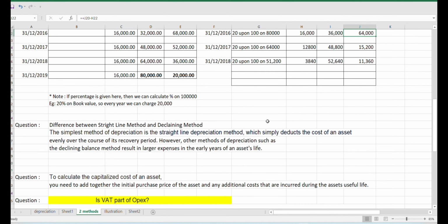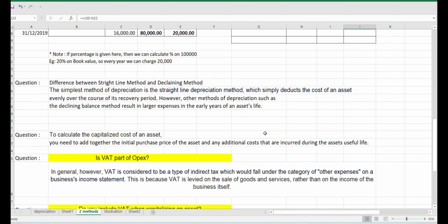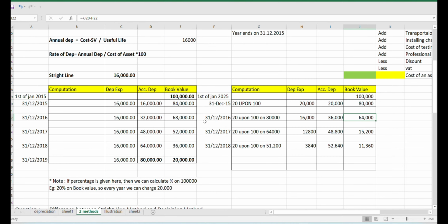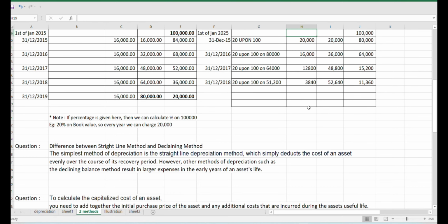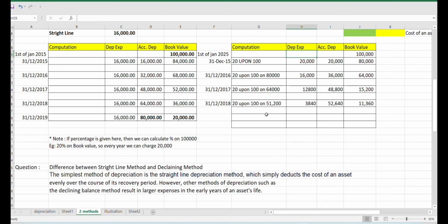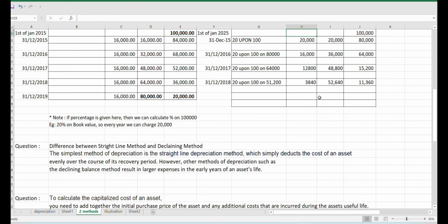Let's understand now the difference between the straight line method and the declining method. This is the straight line method and this is the declining method. What is the difference? The simplest method of depreciation is the straight line method, which simply deducts the cost of an asset evenly over the course of its recovery period.